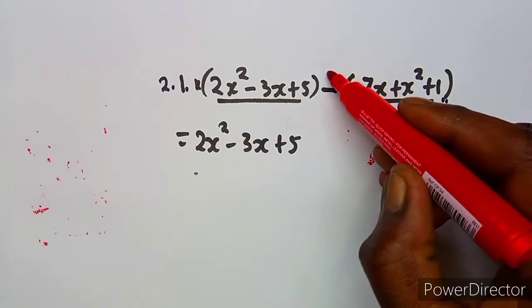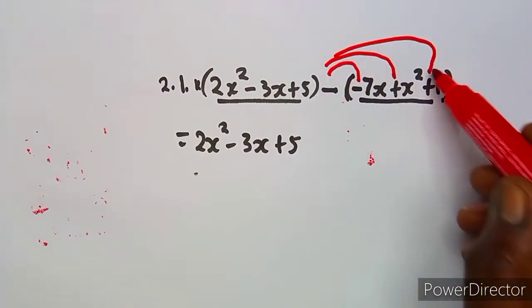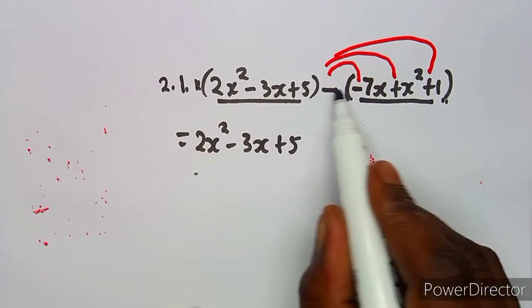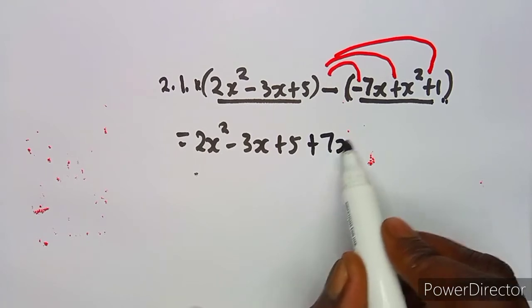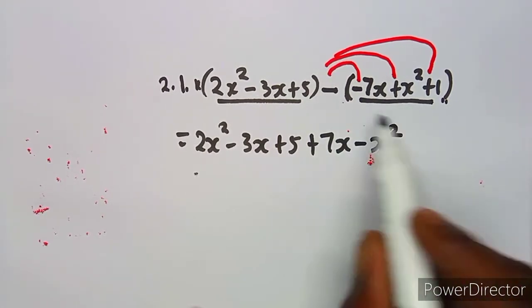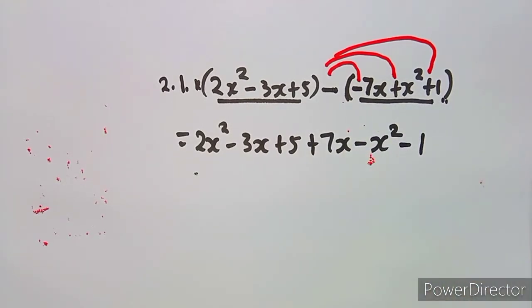That is minus and minus, minus and a plus, minus and a plus. So here we are going to obtain plus 7x, minus x squared, minus and a plus, which is going to be minus 1. So the minus is going to affect everything.